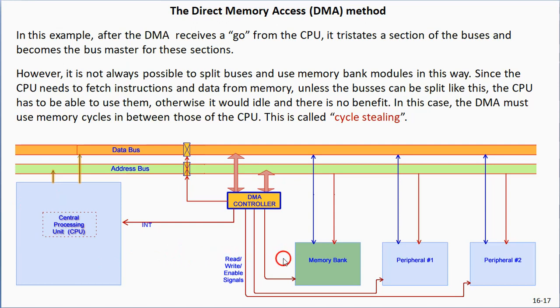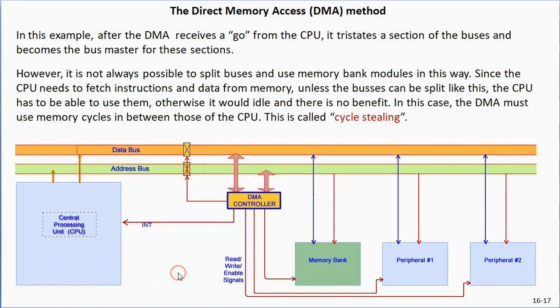In this embodiment, we assume that there is a memory bank over here that is accessible on this side of the buses and that the CPU does have access to a main memory or other memory modules so that it can continue fetching instructions and continuing execution of other programs instead of sitting idle.